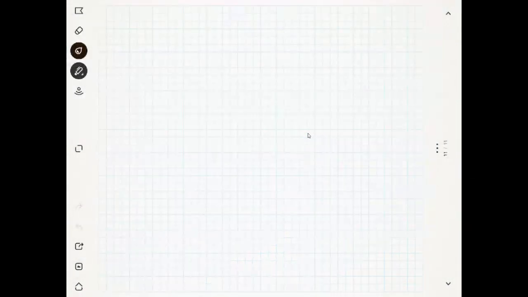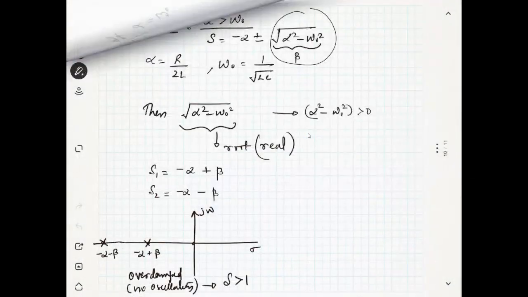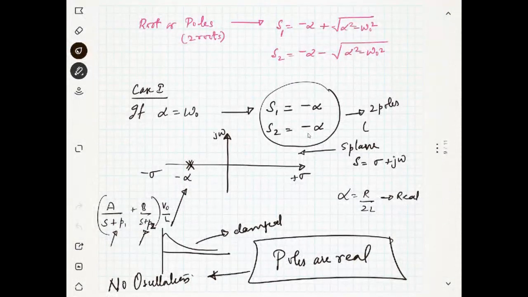And what about the previous system? Both roots are at the same position, so we call it critically damped. I hope this logical explanation is clear to you.